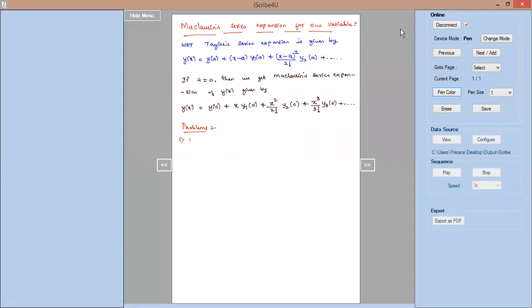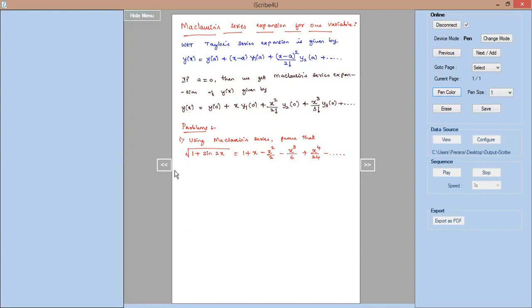So first question: using Maclaurin series, prove that square root of 1 plus sine 2x is equal to 1 plus x minus x square divided by 2 minus x cube divided by 6 plus x power 4 divided by 24 minus plus etc. So we need to obtain the Maclaurin series expansion of the given function, square root of 1 plus sine 2x, which is the given function y of x for us.